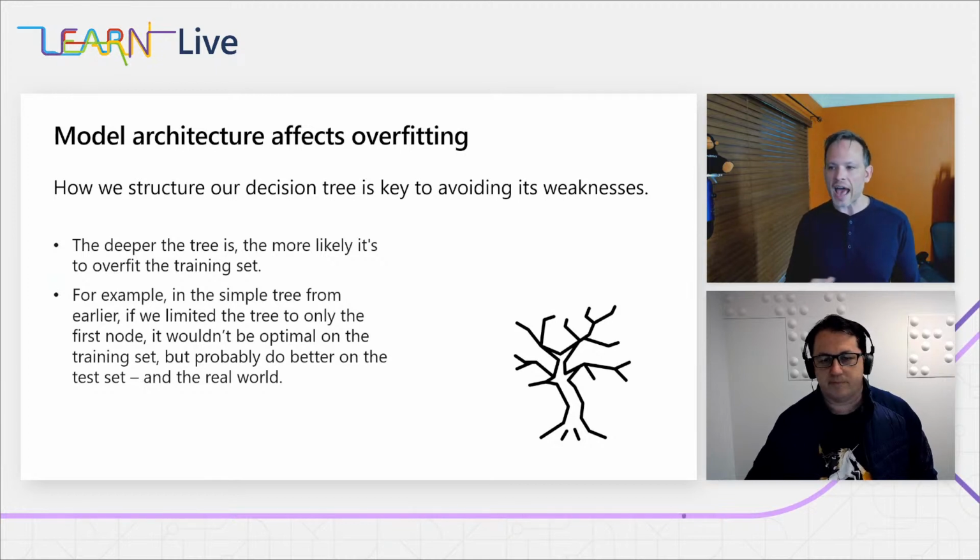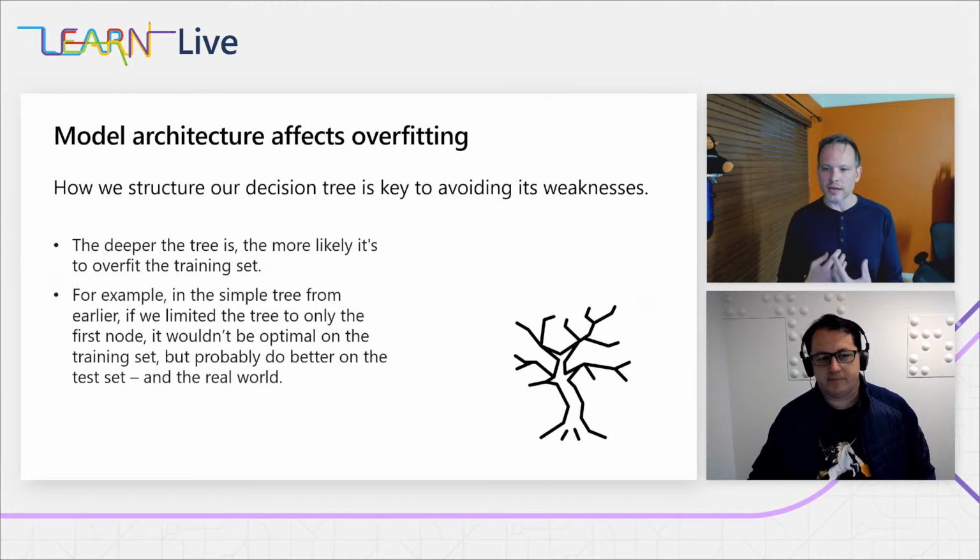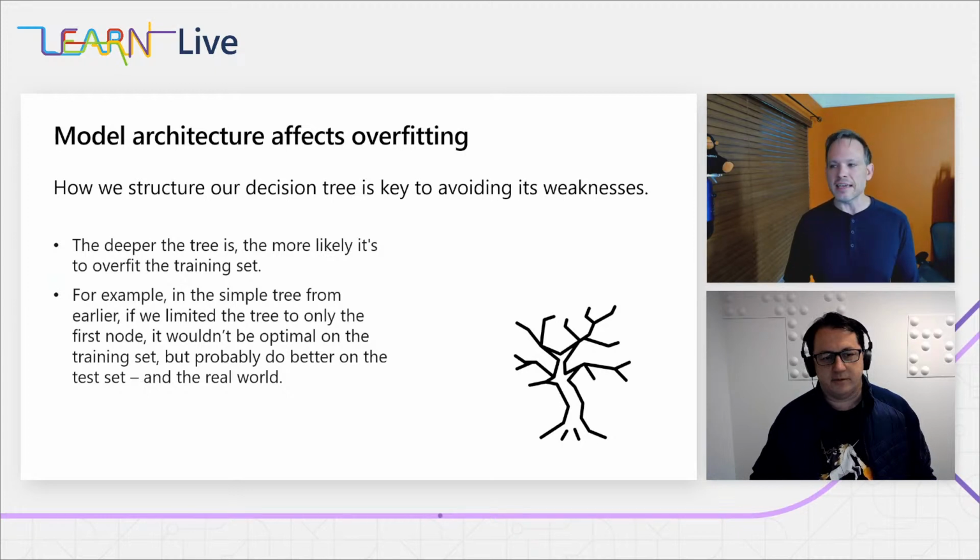Of course, we have this training data, this historical data that we're using to try to build a model of the real world, but it's still only a very, very small subset of the real world, right? The real world has infinite data. Even if we have hundreds of thousands of records, that's still not enough to truly model the real world. So we need a model that doesn't lean in too hard to our training data.